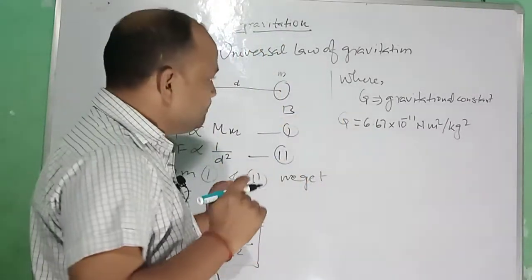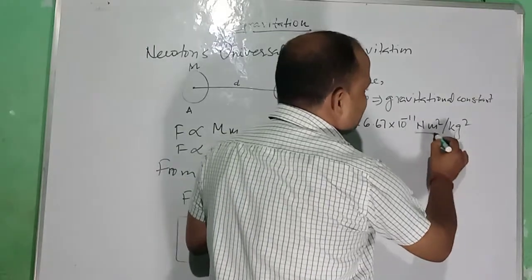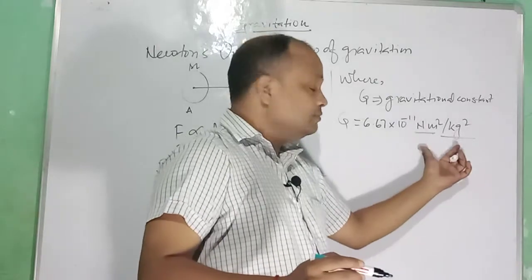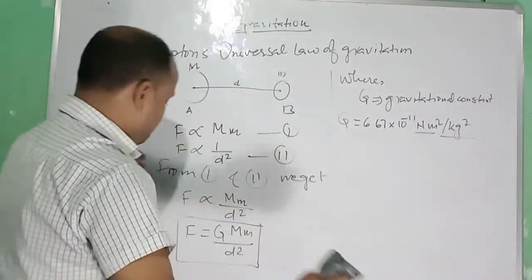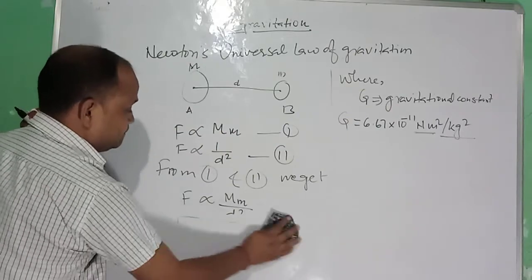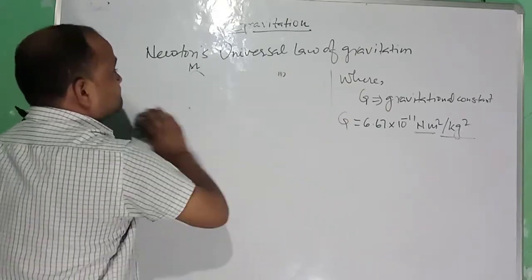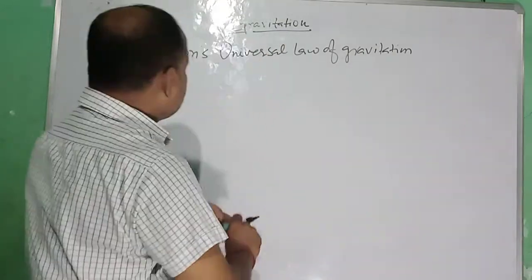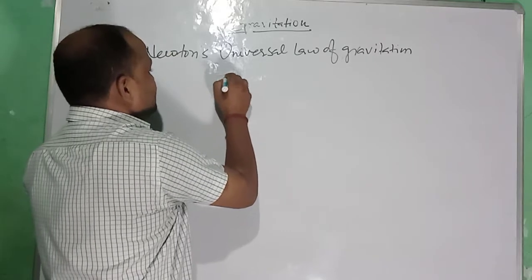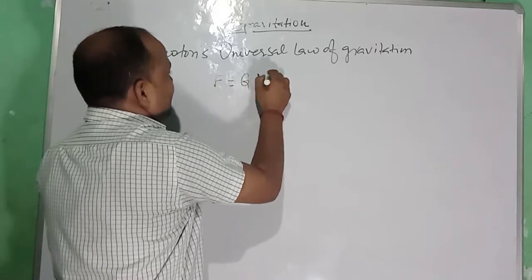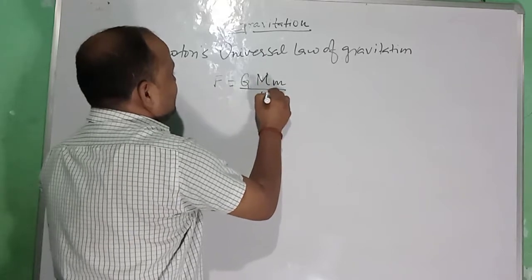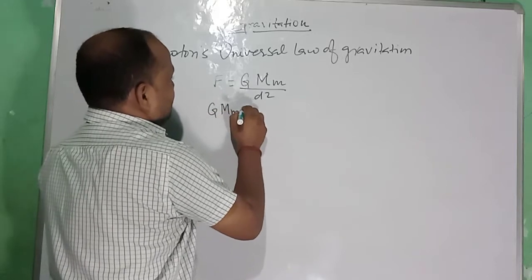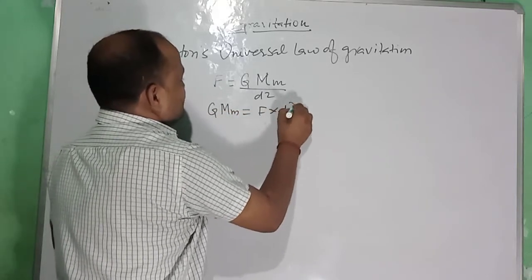My dear students, now this unit Newton meter square per kg square, yes, you have to know how we got it. So here you got F is equal to G M m by d square. So G M m will be equal to F into d square.